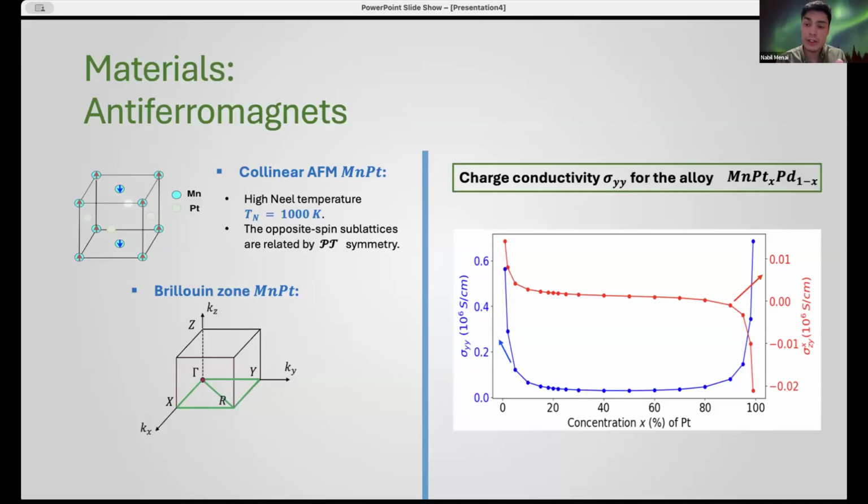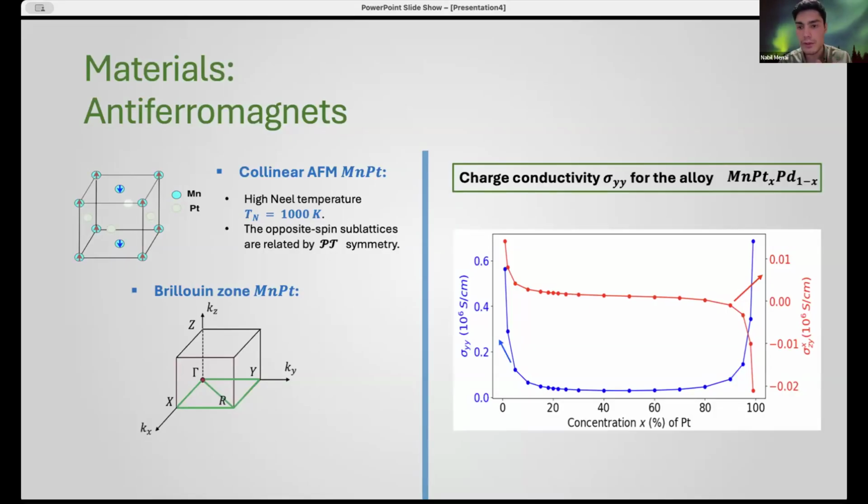That's actually why we have dealt with this antiferromagnet, because it has a high Néel temperature. So we didn't really care about magnetization at room temperature. We haven't really studied the magnetization as a function of temperature using our code. We considered that the magnetization doesn't change that much from 0 Kelvin to 300.